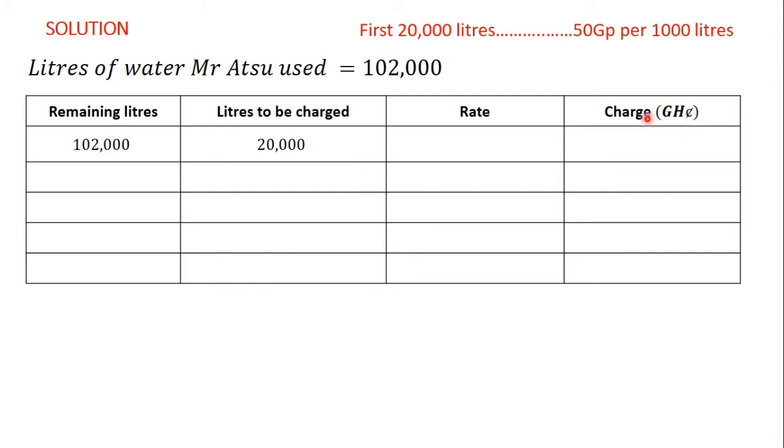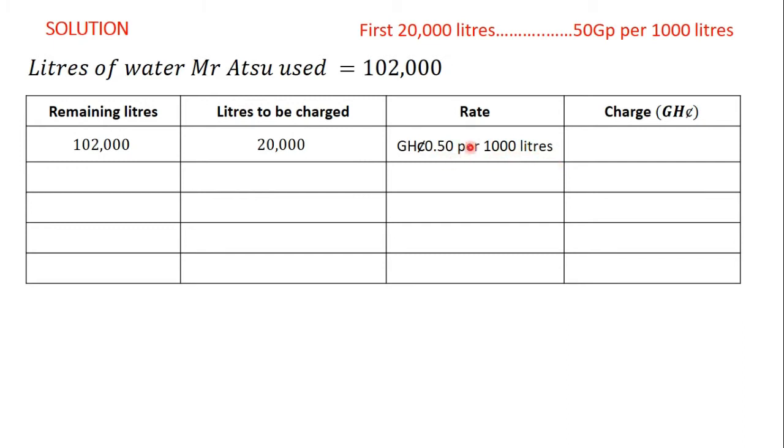Because our charge here is in terms of Ghana cedis, we will convert 50 Ghana pesos into Ghana cedis, and that will give us 0.50 Ghana cedis per 1,000 liters.